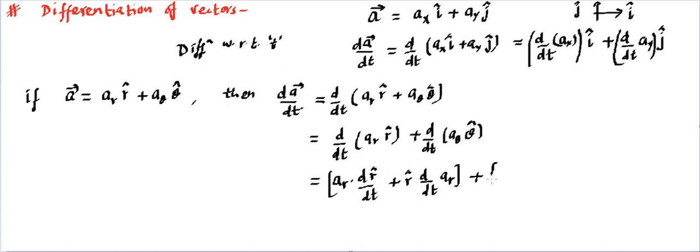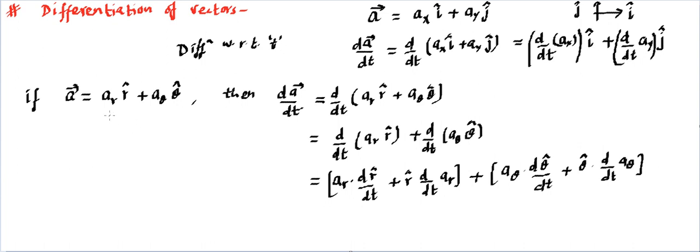So we write this first function as such, that means a_theta, differentiating this theta cap with respect to t if t is given, and then we will keep this theta cap as such, then d upon dt of this a_theta. So point is, we will be applying the rules of differentiation even with the vectors. Now whenever you get i cap j cap, here life is easy, because i cap and j cap, they are constant, they can be taken outside of the differentiation.